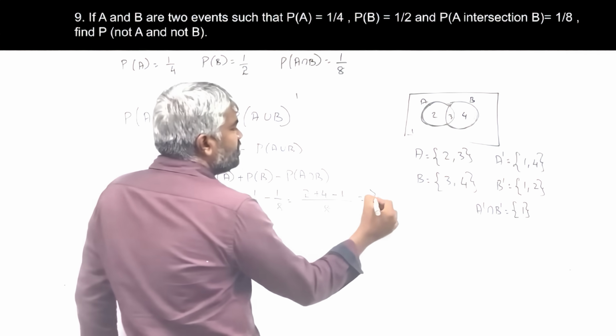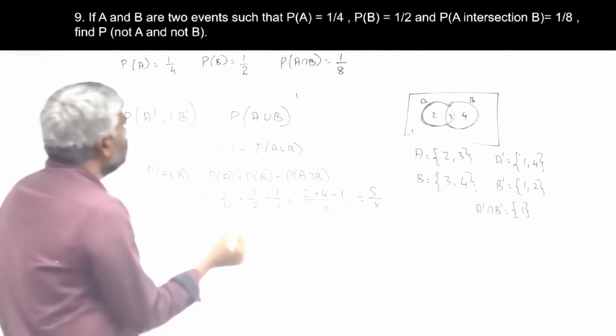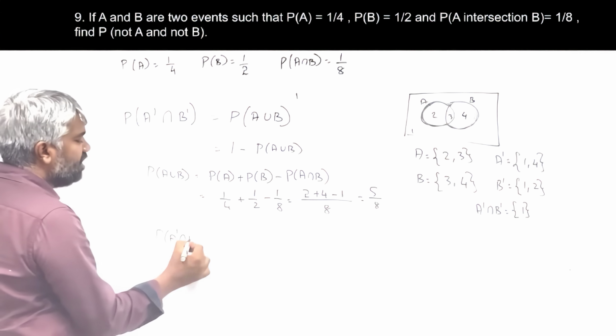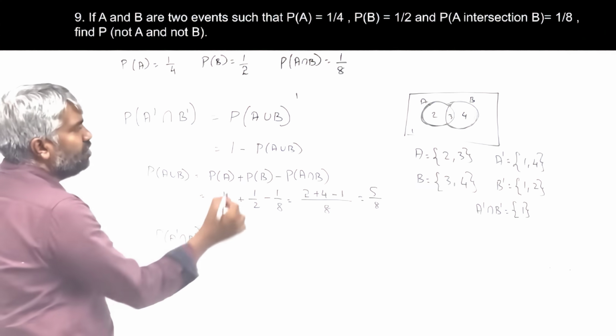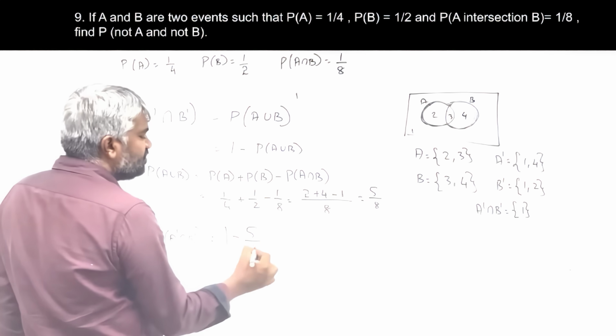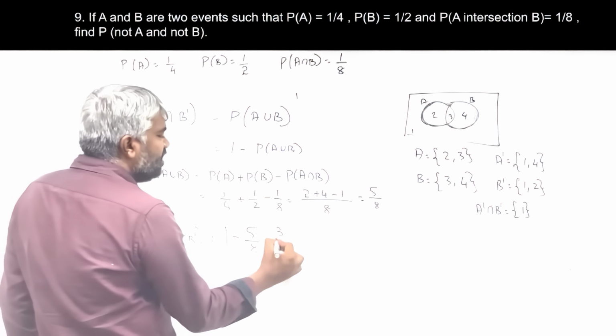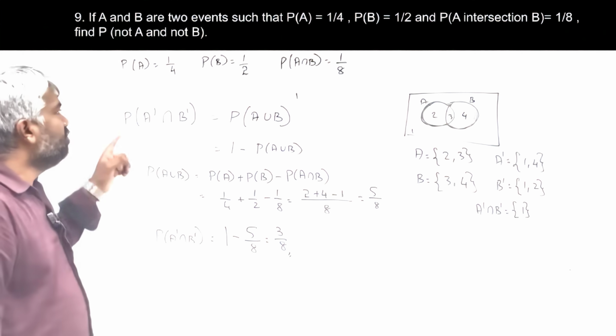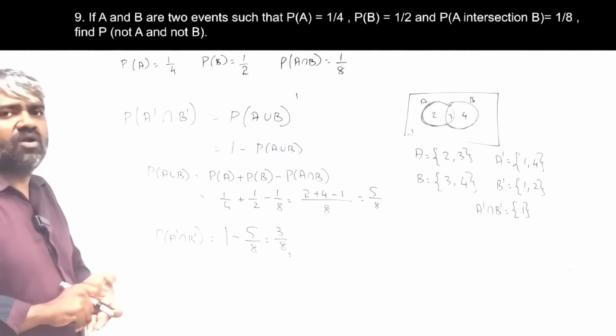So which is 5 by 8. Now you need to find the value of P of A dash intersection B dash. What is it? 1 minus A union B, which is 5 by 8. So 1 minus 5 by 8 is 3 by 8. So this is the answer for P of not A and not B.